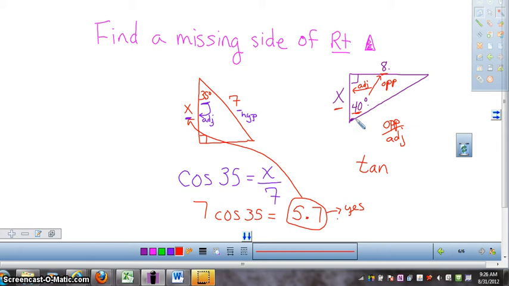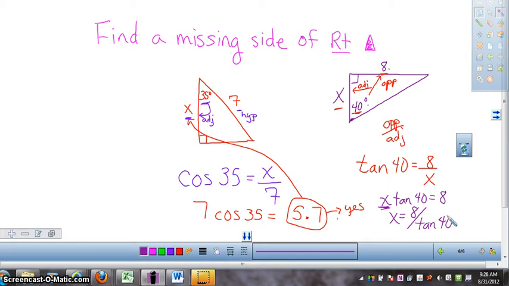So the tangent of my angle, 40, is equal to 8 over x.